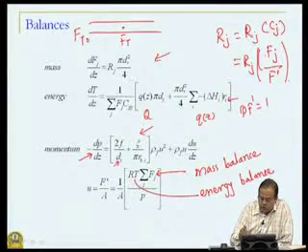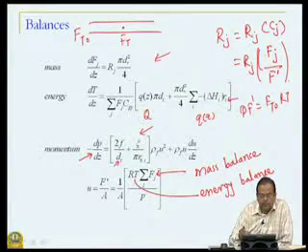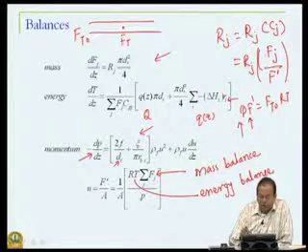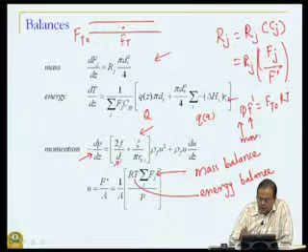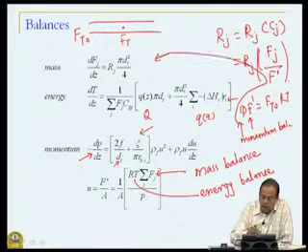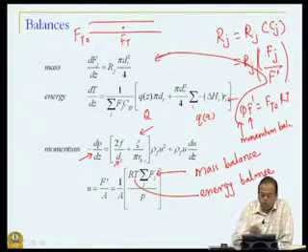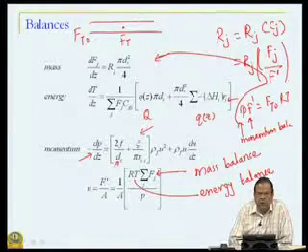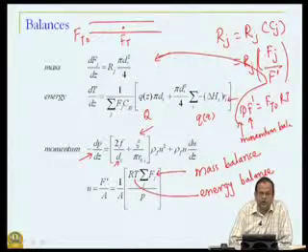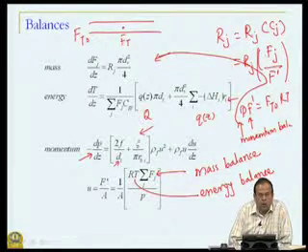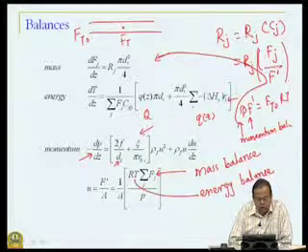P F prime is F_T0 R T, right. So, F prime changes as pressure changes. So, this is my momentum balance term. So, this is now linked to mass balance equation because of its appearance in the R_j term. And of course, we have already seen mass and energy balances are related, because the same rate of reaction is dependent on temperature. So, we have mass, momentum, energy balances completely linked to each other.